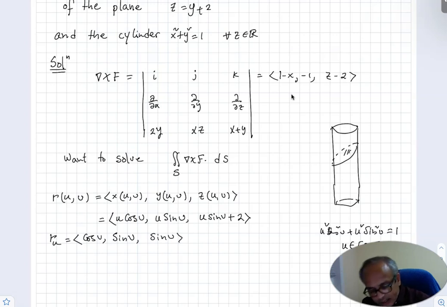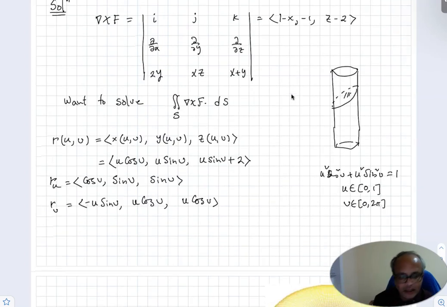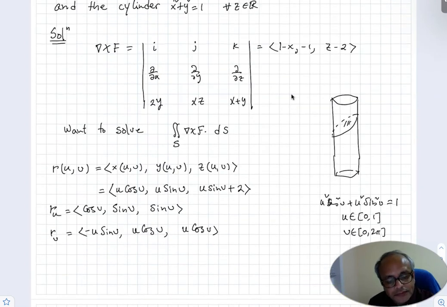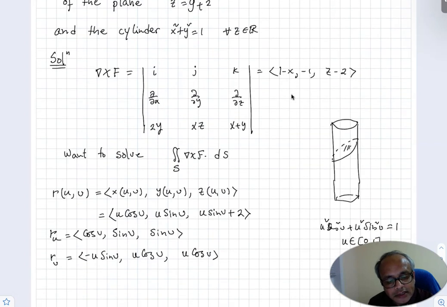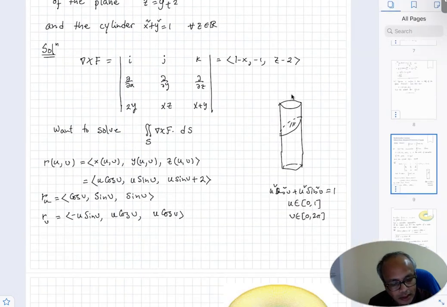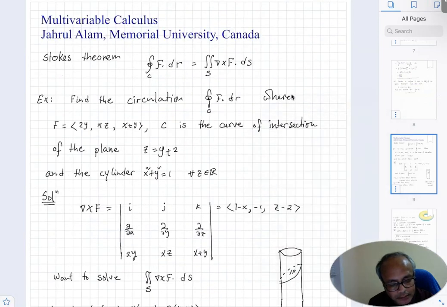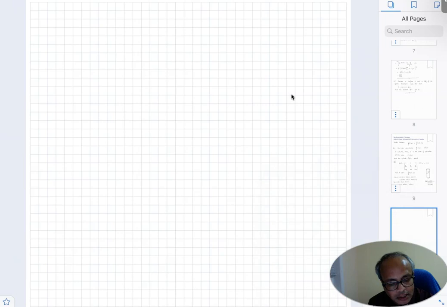If I differentiate with respect to v, r sub v, I will get (negative u sin v, positive u cos v, positive u cos v). Good. So now what I will do is take a cross product.